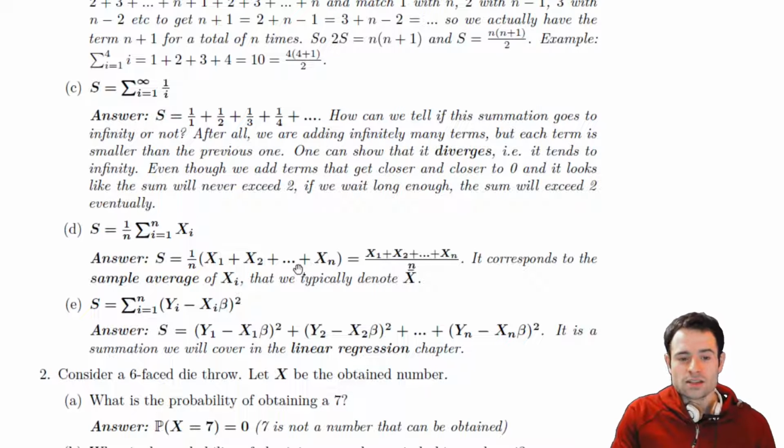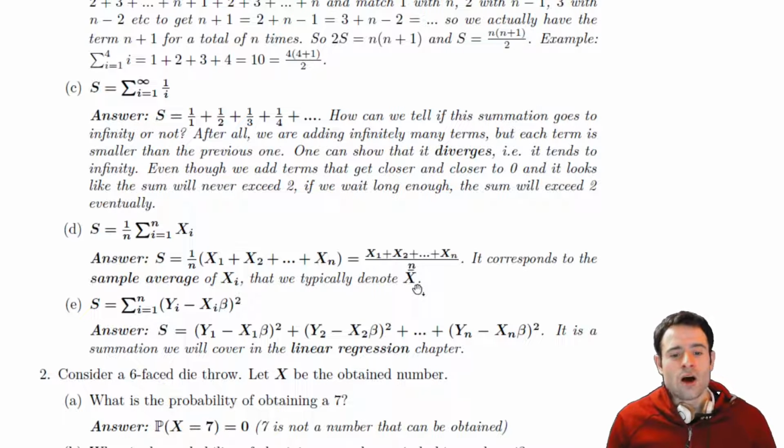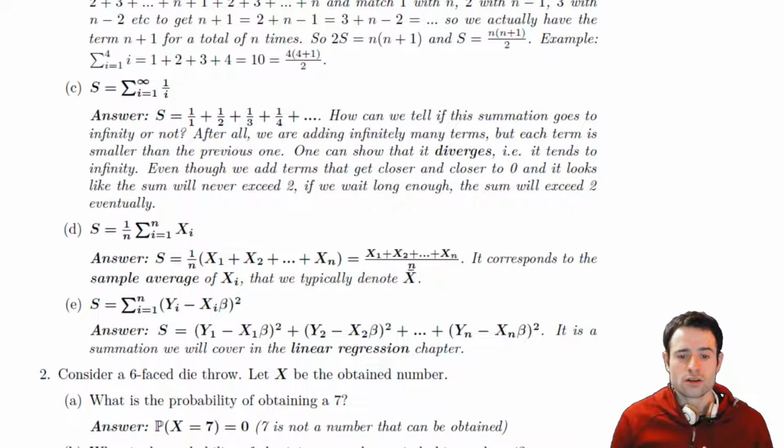Note that all of this sum is divided by n, so I can expand this sum into x1 plus x2 all the way to xn divided by n. This is the formula of the average of xi. This is the empirical average, the sample average, and we typically denote it x bar.